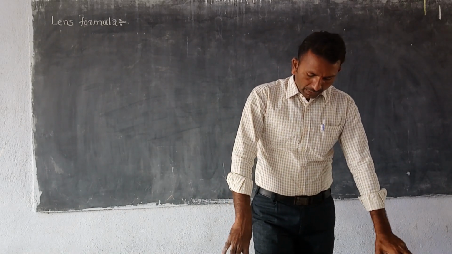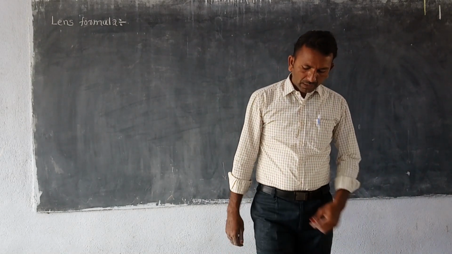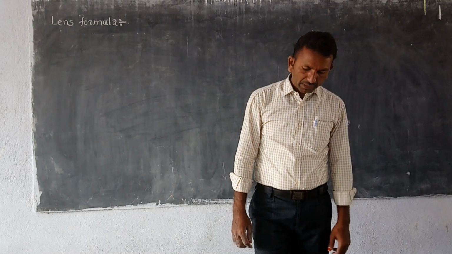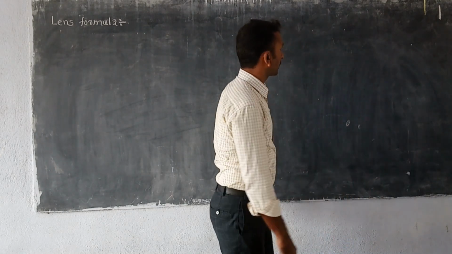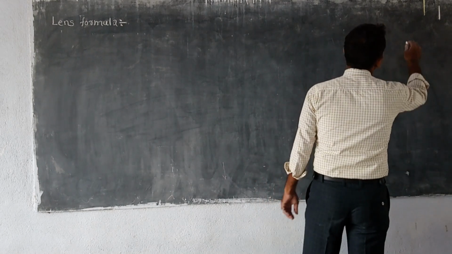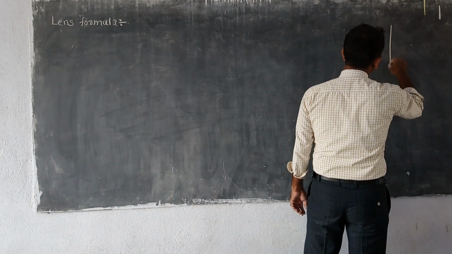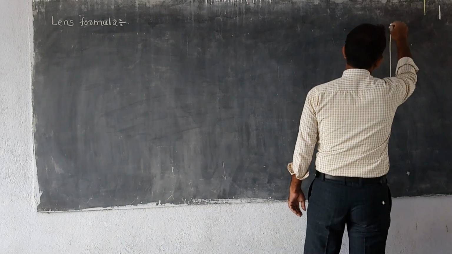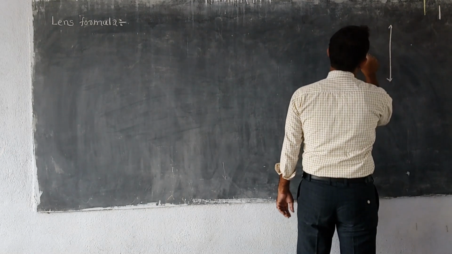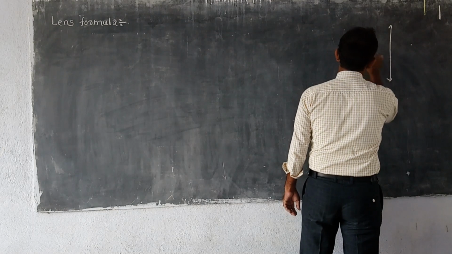Consider an object O dash placed on the principal axis in front of a convex lens. First, take a convex lens, and this one is the principal axis.